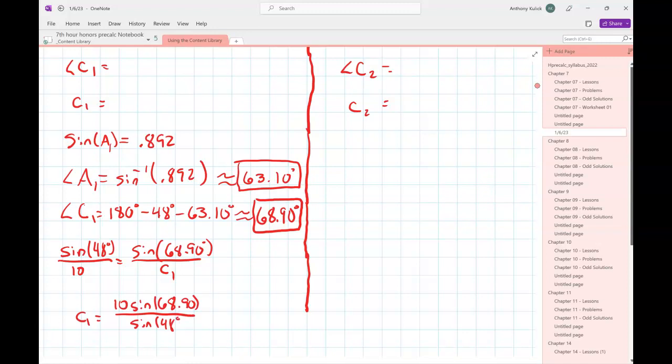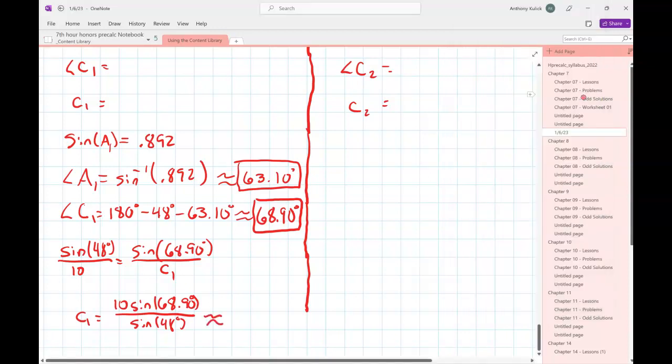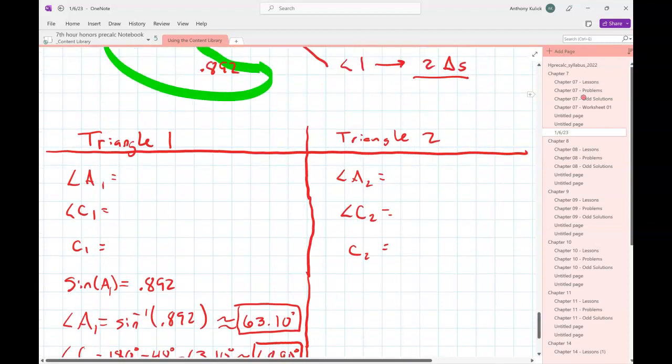So 1255 there. And what unit, did we have a unit on this?